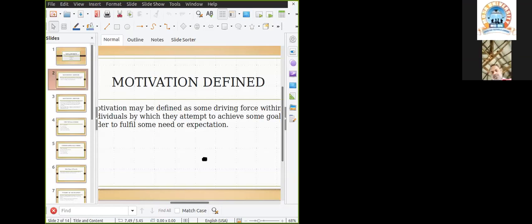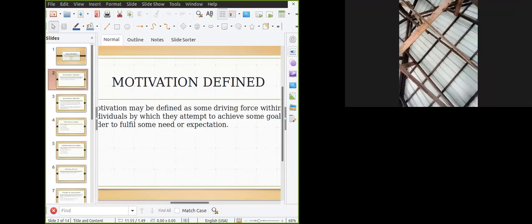I'll say that again. Motivation may be defined as an inner driving force within individuals by which they attempt to achieve some goal in order to fulfill some need or expectation.